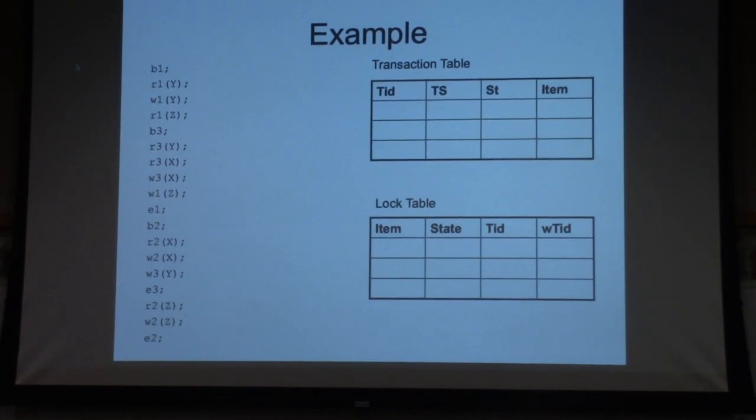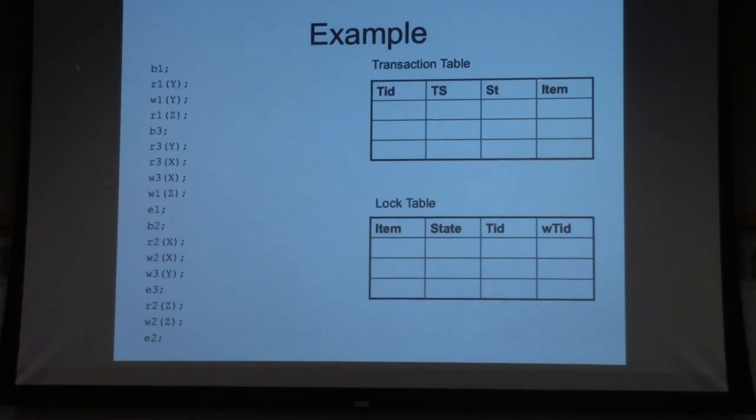Okay, so as we have seen, the log manager of the DBMS manages the two tables. One is a log table that includes the data item, what the lock state is, which transaction is holding that item, and which transaction is waiting.